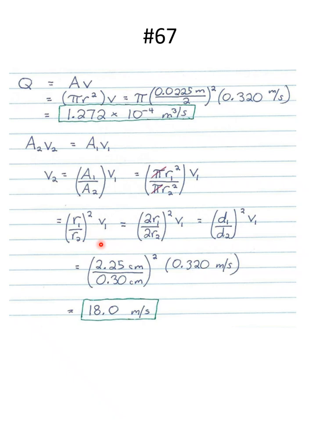The ratio of the radii is the same as the ratio of their diameters. And to show that, I've just put a 2 in the numerator, 2 in the denominator. Now it's the diameters. So whether you plug in the radii or the diameters, it's going to be the same result. I've chosen to plug in the diameters, the ratio squared times 0.32, and we get 18 meters per second.